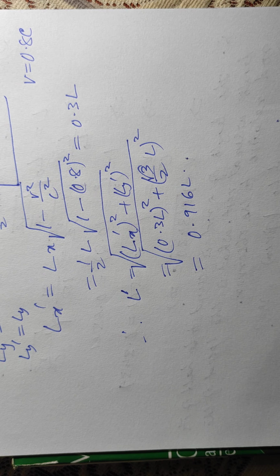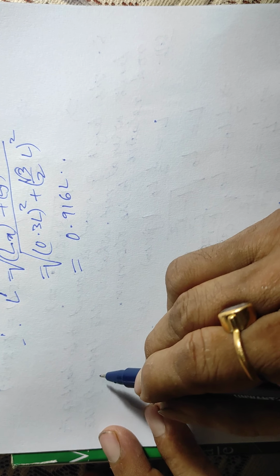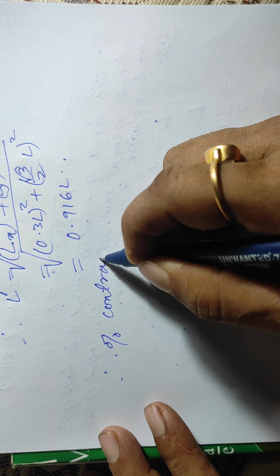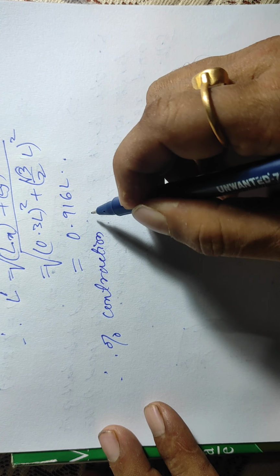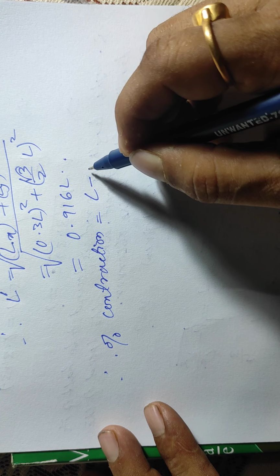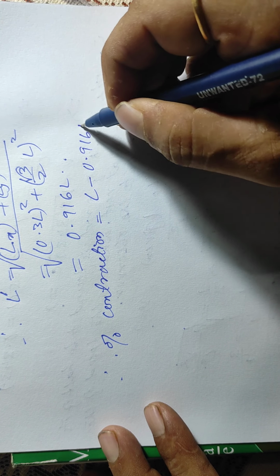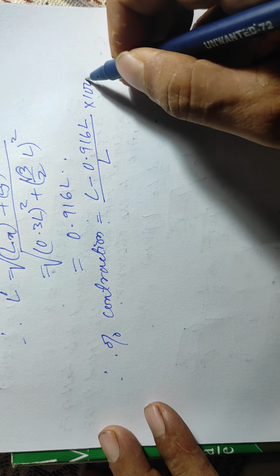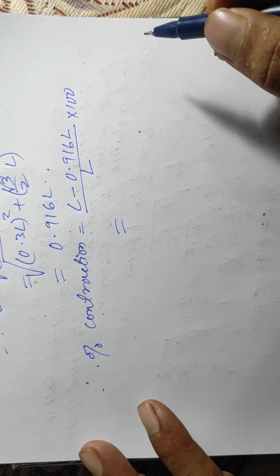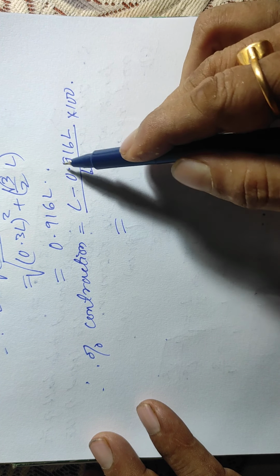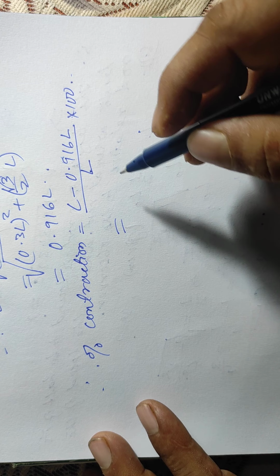So how to find out this one? Percentage contraction is equal to original length L minus moving length 0.916 L, divided by original length L, into 100. Change in length by original length into 100.